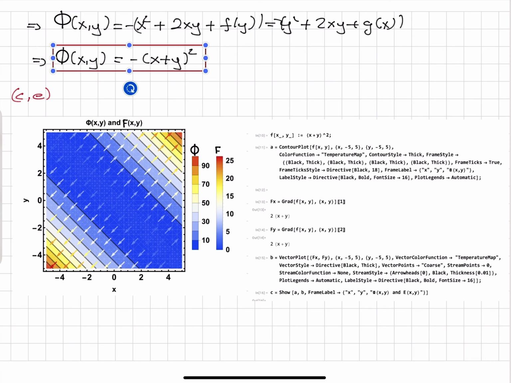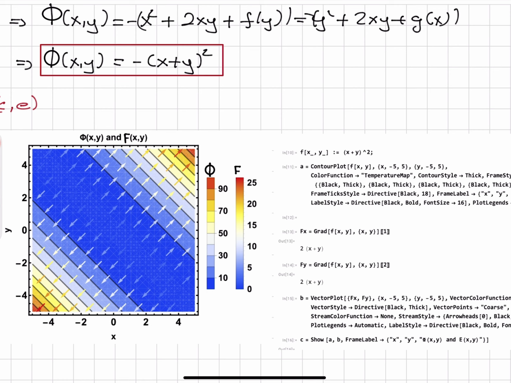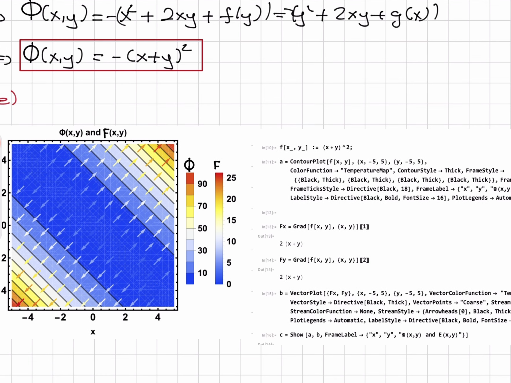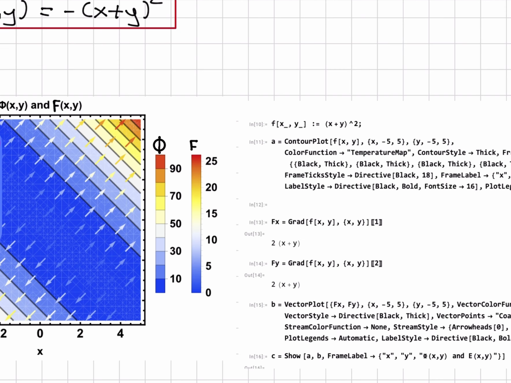Okay, so here I have (x plus y) squared for part C and E. Instead of the minus sign here, I have used (x plus y) squared just to demonstrate it. And if I take the gradient of this, instead of minus the gradient, I will have the force.